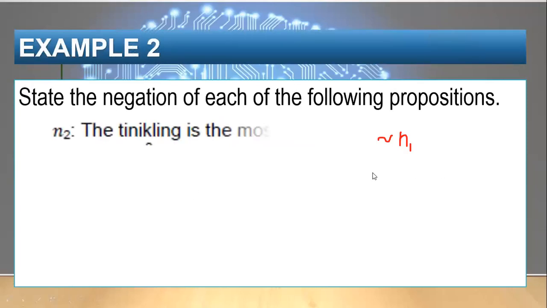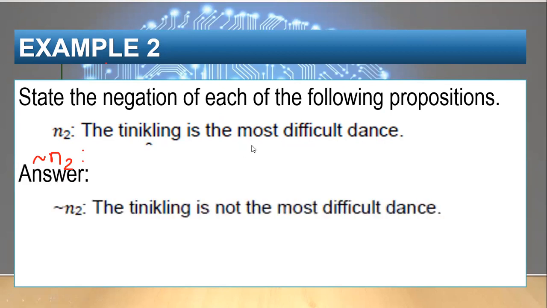So our example number 2, we have N sub 2. So not N sub 2. Ano kaya yung not N sub 2? The tinikling is the most difficult dance. Pwede natin sabihin, the tinikling is not the most difficult dance for not N sub 2. Okay.